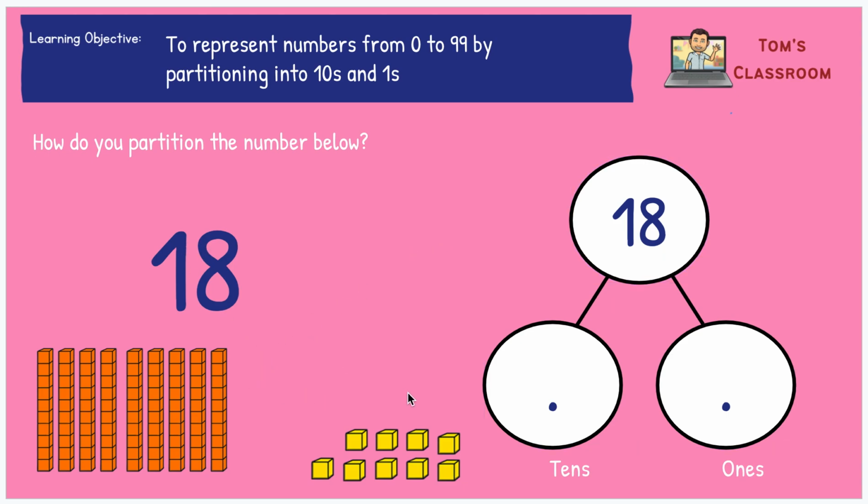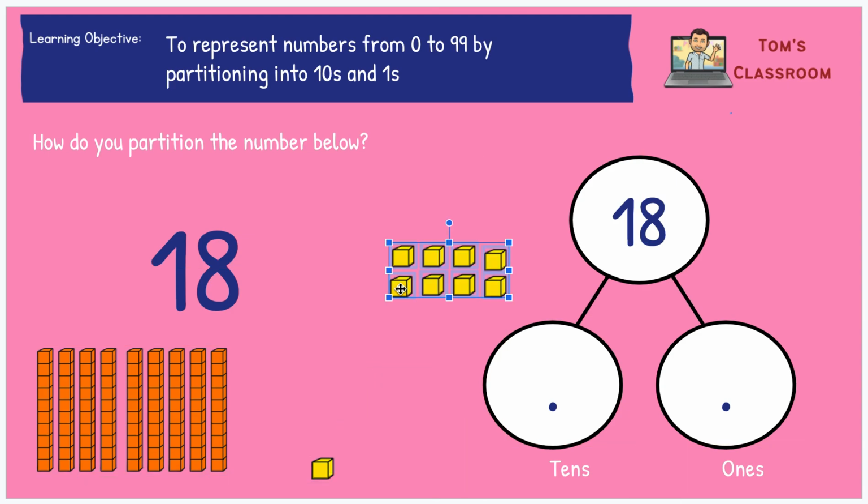I'm going to start with the ones. And I'm going to bring up 8 ones, because I know that we've got 8 ones, because this is the ones column and it's showing the number 8. The tens column of our number is showing the number 1, so we've got one group of 10. So here we've got the number 18.